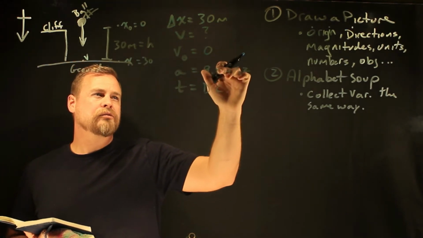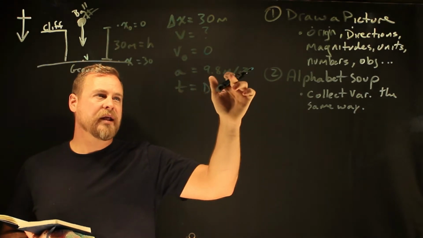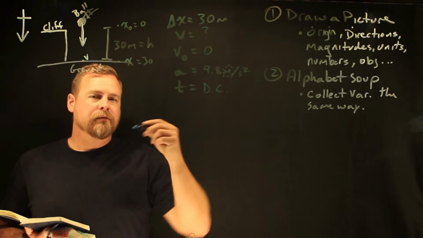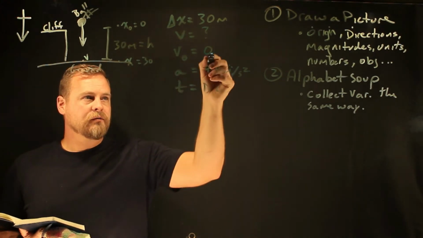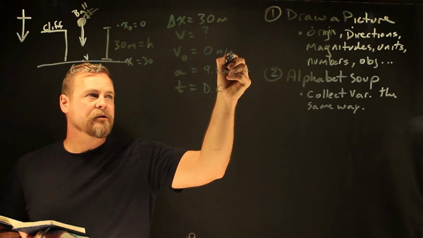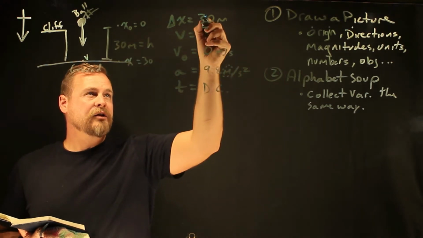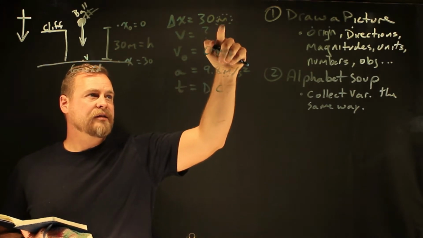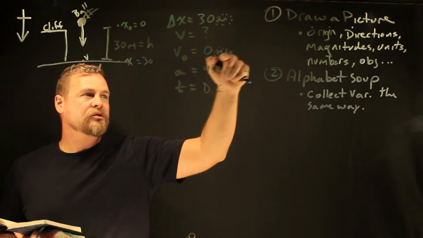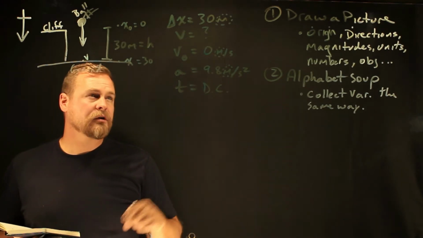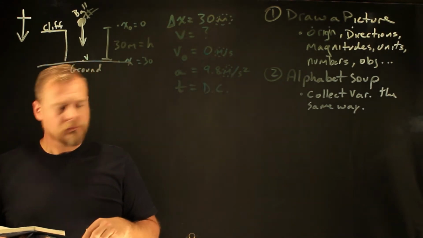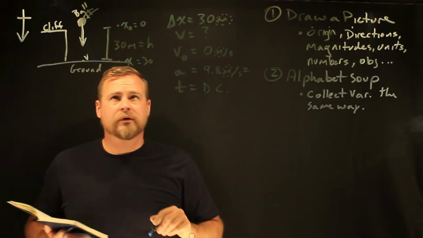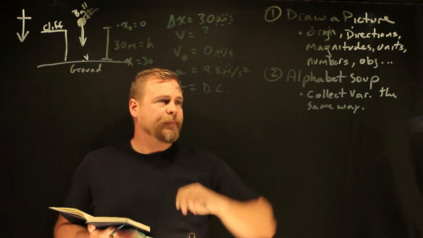If I was going to change my velocity at 9.8 meters per second for every second that it falls, starting from 0 meters per second, and I knew I started at 30 meters, you might imagine that these m's could cancel out. I might end up with time. I could solve for time in here, right? So we're going to keep this simple. We're going to stick with the velocity. I'm looking for velocity. So picture, alphabet soup.